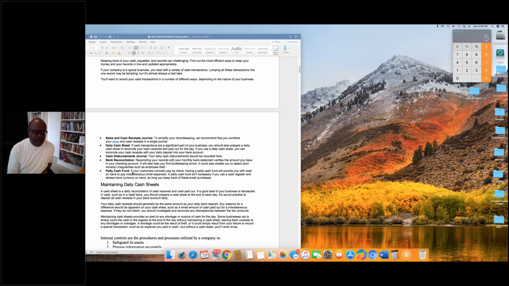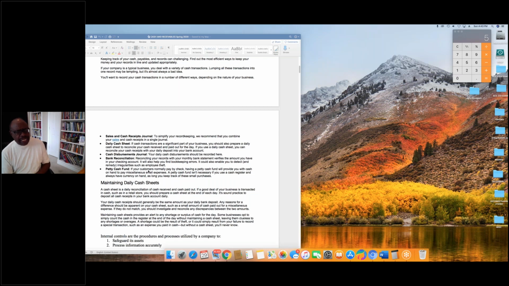If you have small amounts, sometimes you keep cash on hand or you use a credit card to pay small purchases, because in general, you want to use a check to pay everything. You want to go through the cash disbursements journal and use a check, but for some small purchases, we set up a petty cash fund.